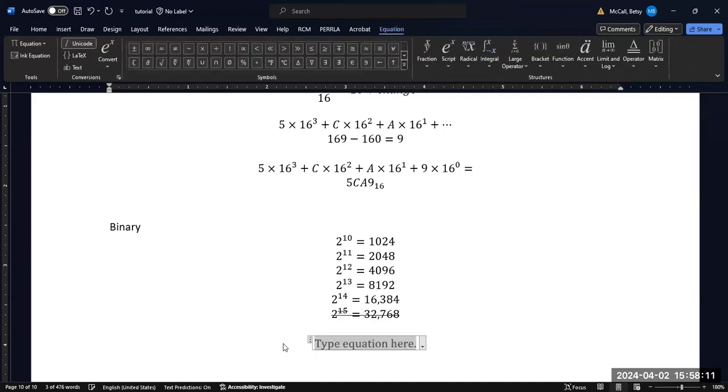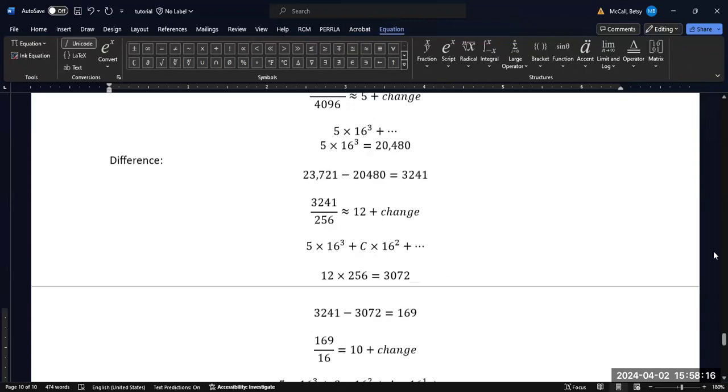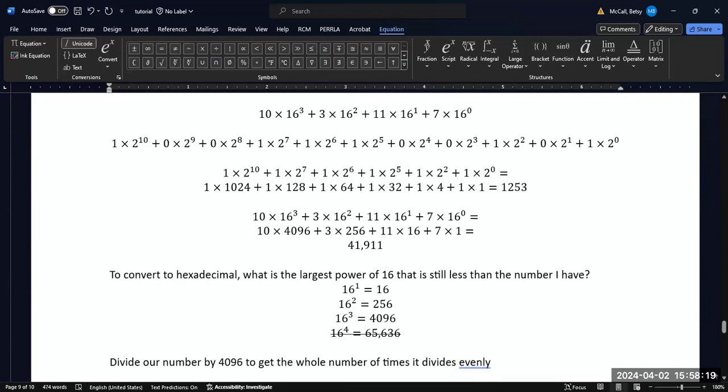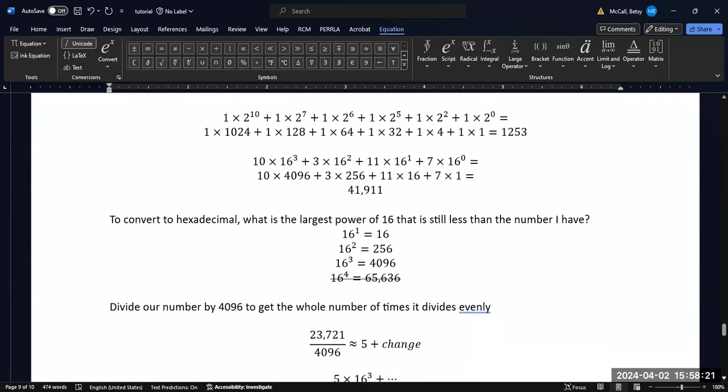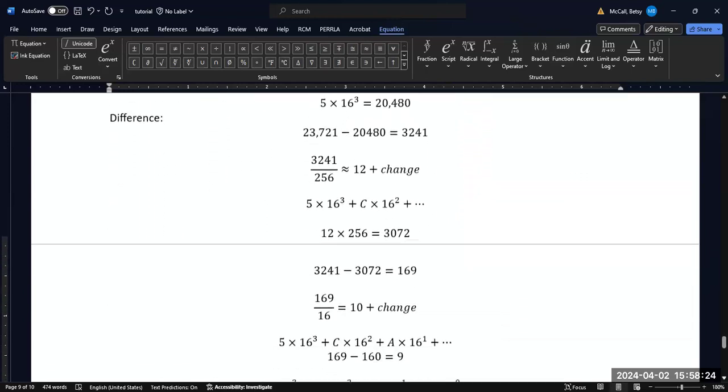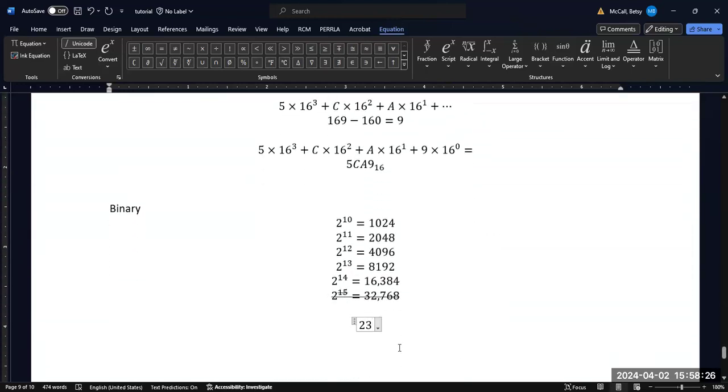So here, what was our number again? 23,721 is bigger than 16,384. So we're just going to subtract 23,721 minus 16,384, and we get 7,337.